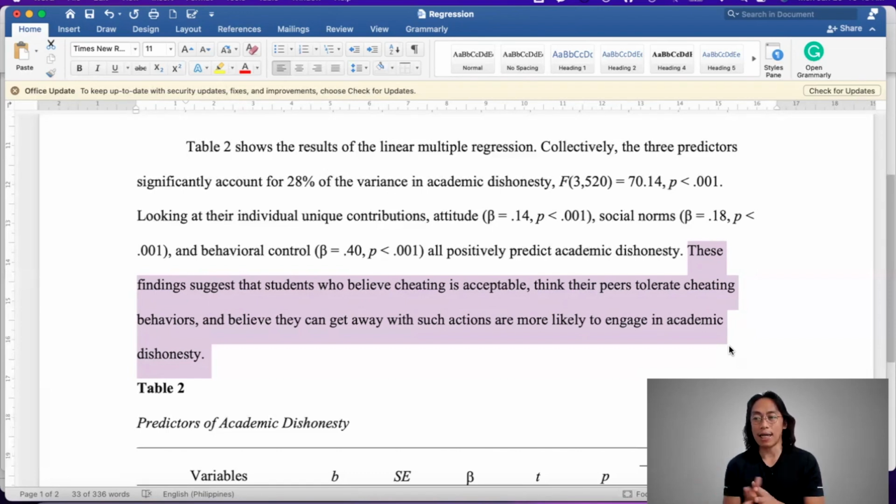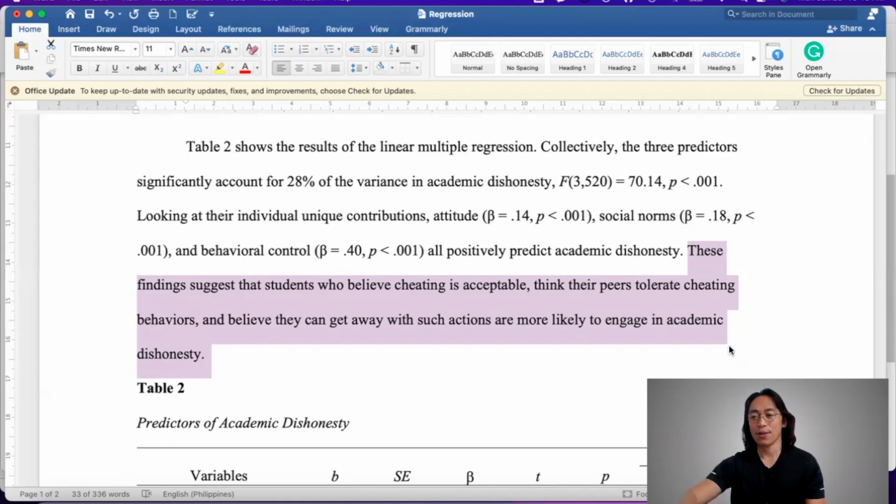So I said that these findings suggest that students, and I'm talking about the students now, not only the variables, who believe cheating is acceptable, that's pertaining to attitude, think their peers tolerate cheating behaviors, that pertains to social norms, and believe that they can get away with such actions, that's pertaining to perceived behavioral control, are more likely, that's pertaining to the positively predicting aspect, to engage in academic dishonesty.